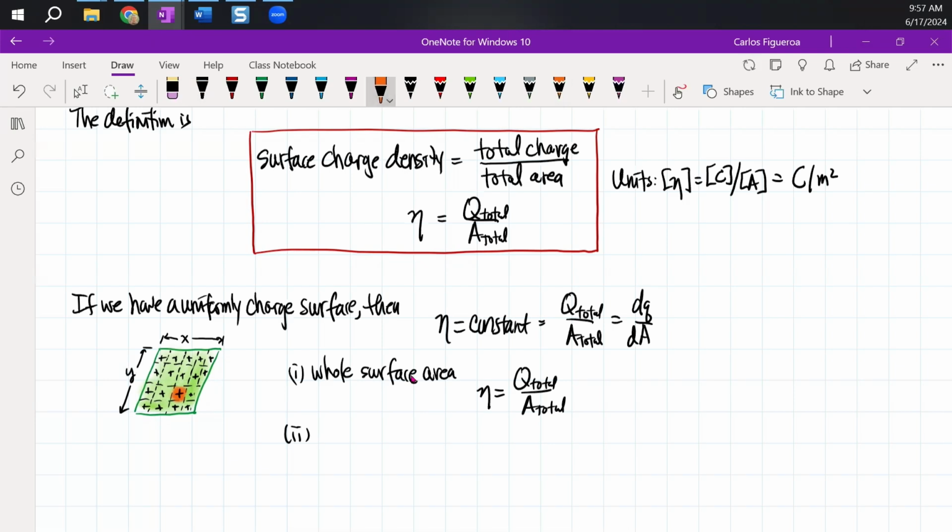So I could say that eta is dq over dA. So in an infinitesimal area, I can write dq as eta dA.